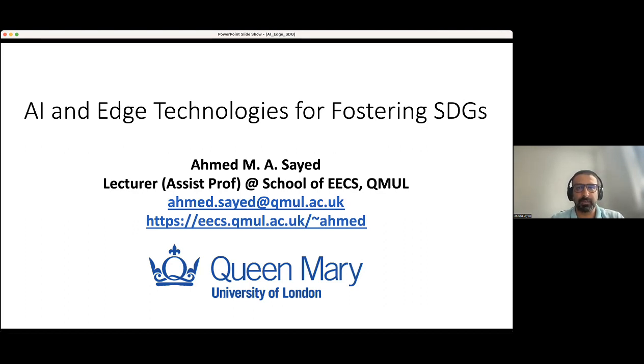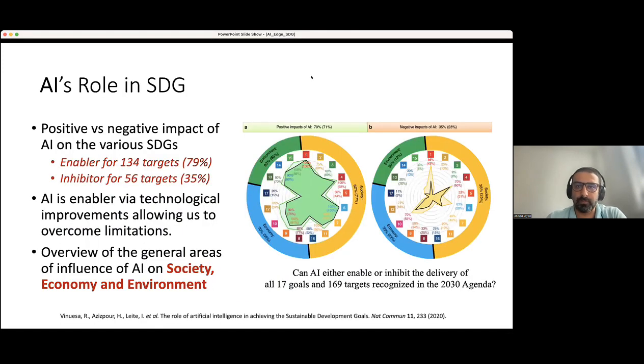So I'm going to highlight a recent paper published in Nature Communications about AI's role in SDGs. It looked into the impact of AI, the positive and the negative impact, over all the 17 goals and all the 169 targets, and tried to look into what AI can enable or foster and what it can inhibit or make a negative impact on.